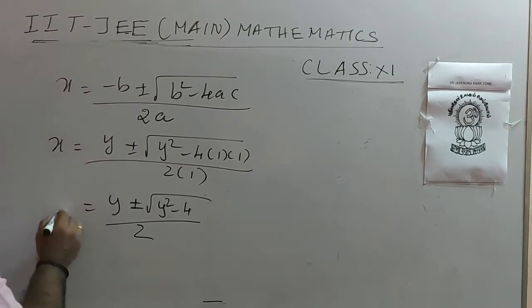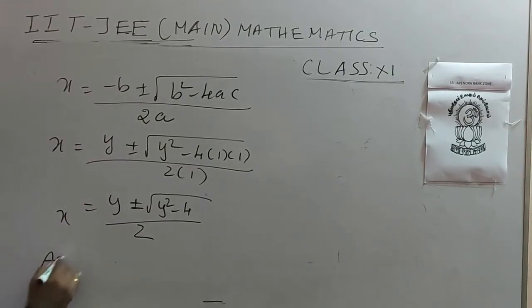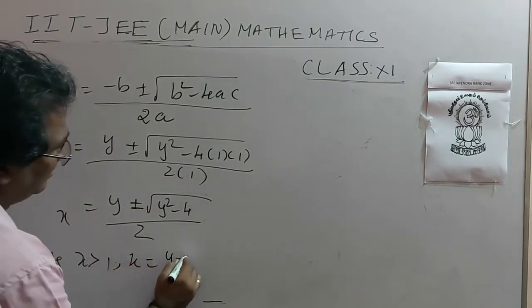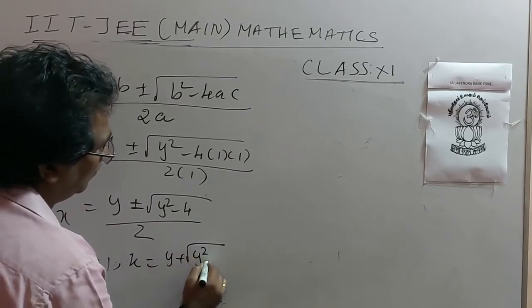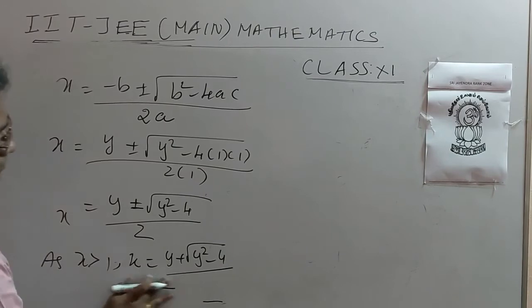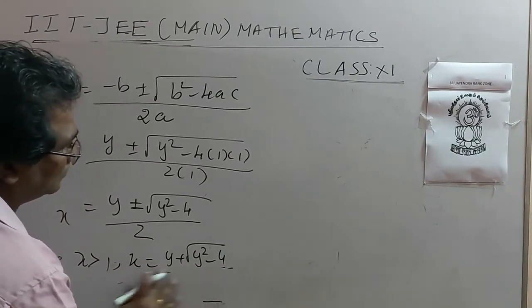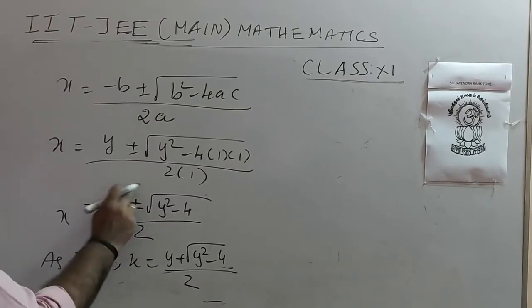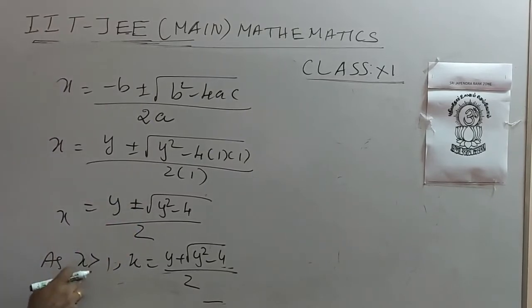So as x is greater than 1, x ranges from 1 to infinity. Therefore, x should be y plus root of y squared minus 4 by 2. We have to avoid the minus sign since x is greater than 1.